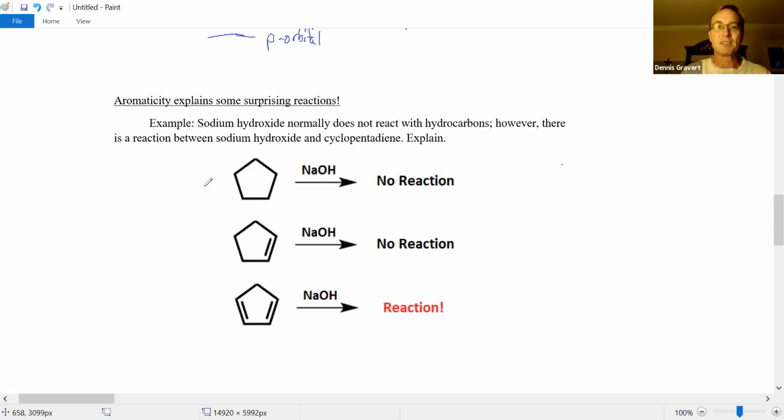Well, what's not surprising, I hope, is if you take an alkane, cyclopentane, mixed with sodium hydroxide, nothing happens. Sodium hydroxide is a strong base, and carbon with hydrogens is not an acid. There are hydrogens present, right? Every carbon has 2 attached hydrogens, but these hydrogens are not acidic. They don't fall off and put a negative charge and a lone pair on the carbon.